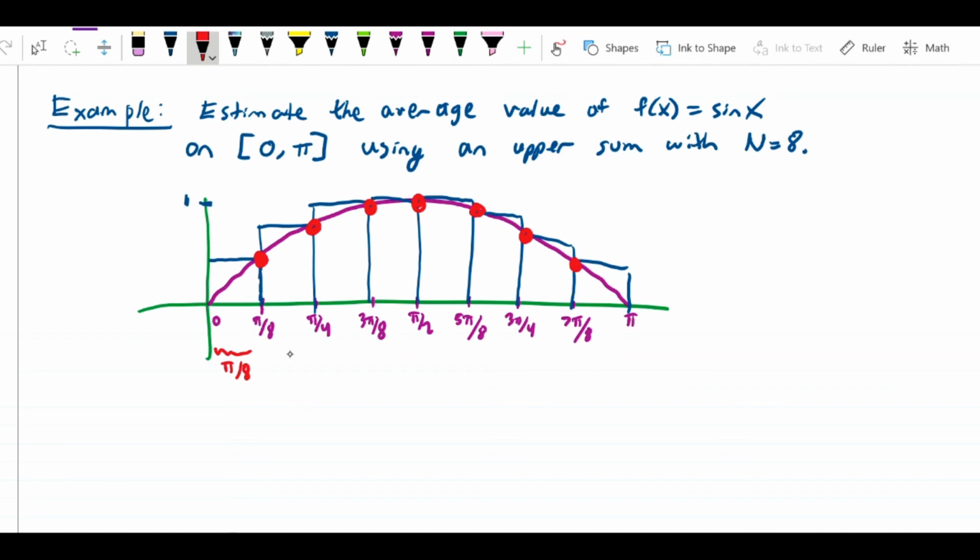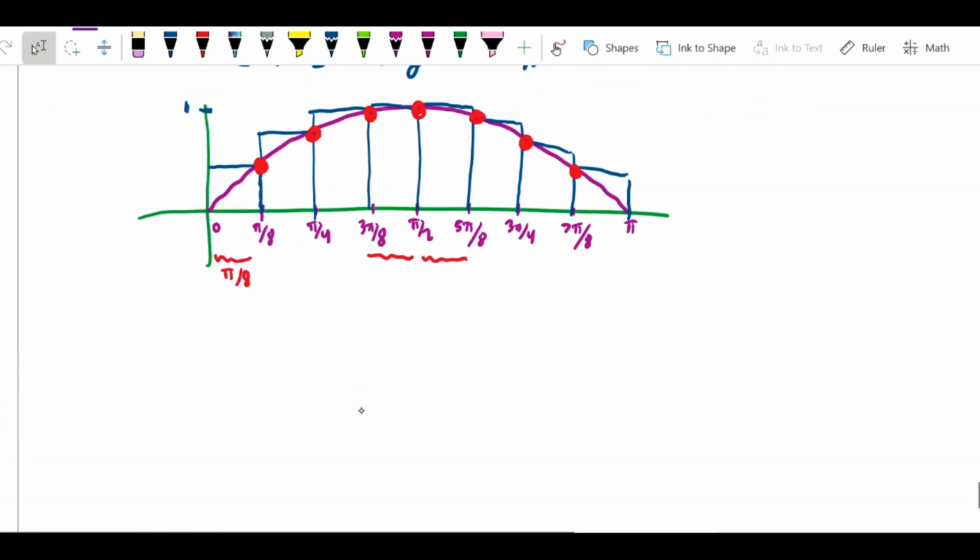We actually only need 1, 2, 3, 4, 5, 6, 7 of these because we use the pi over 2 twice. Pi over 2 is the highest value in both this interval and this interval, so that's why there are only 7 different values. What we're doing is calculating the height of the first rectangle as sine of pi over 8, the second rectangle is sine of pi over 4, the third is sine of 3 pi over 8, etc. So now I'm just going to zip through the algebra here.